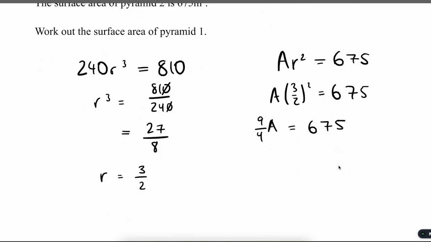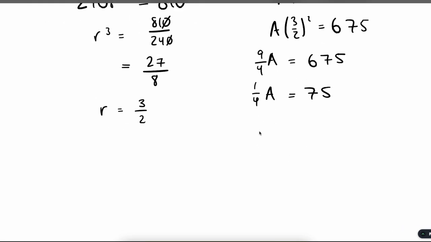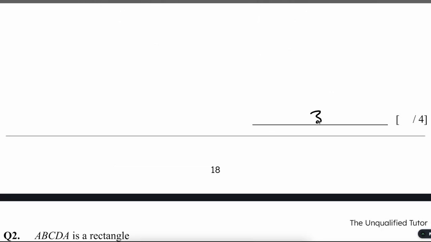So if we divide this by 9, how many 75s is it? 1, 2, 3, so that's 8, yep, so it's 75. And then multiply by 4, we get the area equals, so double it again, you get 300 meters squared. Okay, and that is our answer, 300 meters squared.